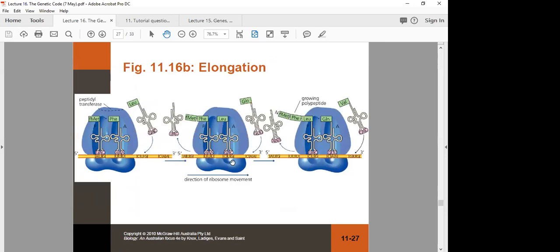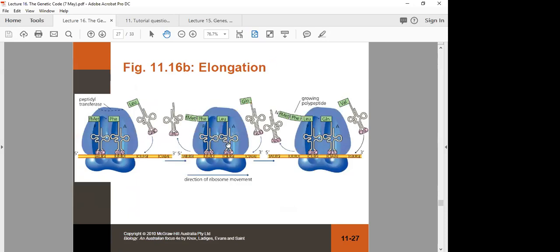Let's look at that here. Now we can see that it's moved over to the right so that the phenylalanine methionine containing transfer RNA is now positioned in the P site. Remember, over here it was positioned in the A site. Because the ribosome has moved over, now the next codon can be seen in the A site of the ribosome. That codon is CUG.